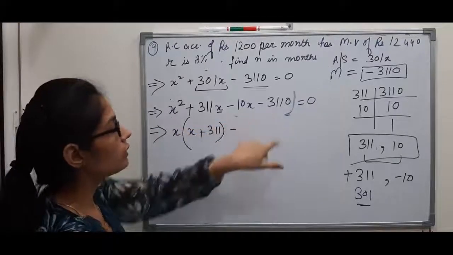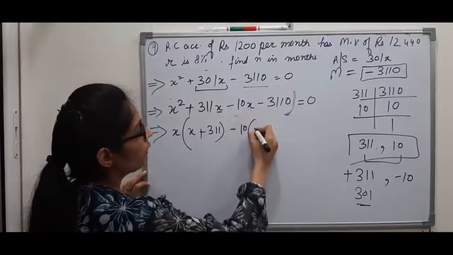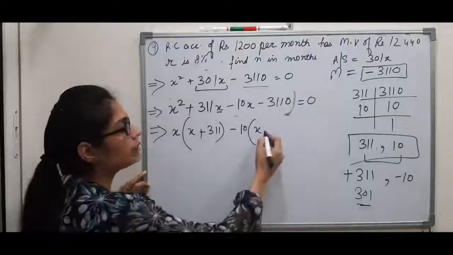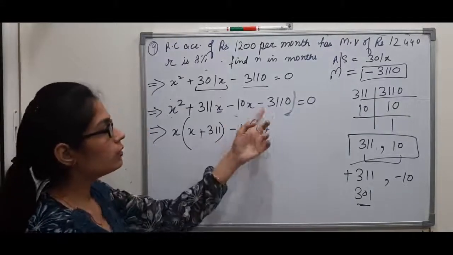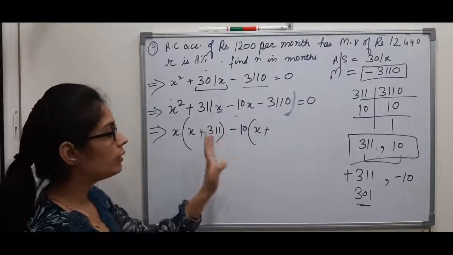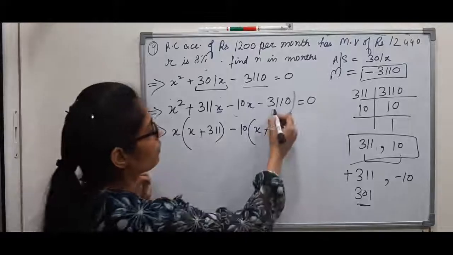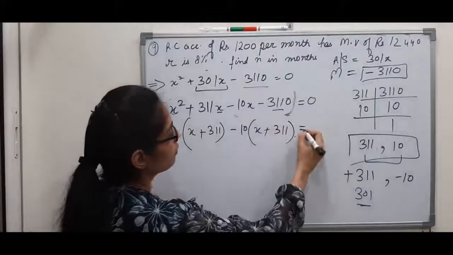From these two numbers I can take 10 as the common factor, and x will be inside. If minus is taken outside, the inside sign will be changed. Whatever the sign is, now it's minus, I will change into plus. This happens every time the outside sign is minus. So I have taken 10 out, and I am left with 311.